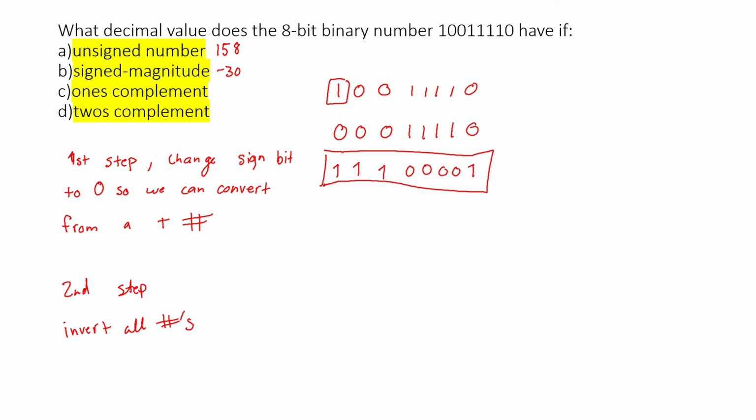So remember, this is a sign bit right here. It adds no value. So what we're looking at right here is 2 to the 0, 1, 2, 3, 4, 2 to the 5, and 2 to the 6. 2 to the 6 plus 2 to the 5 plus 2 to the 0, which is 64 plus 32 plus 1, which is negative 97.